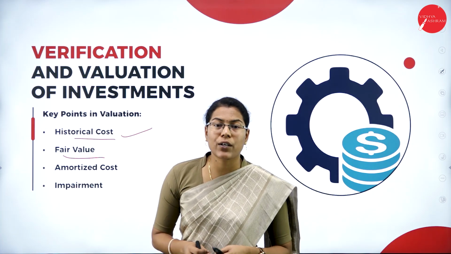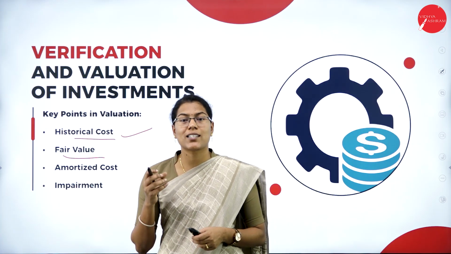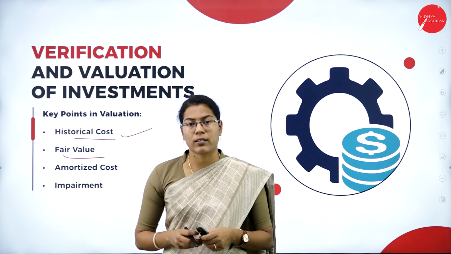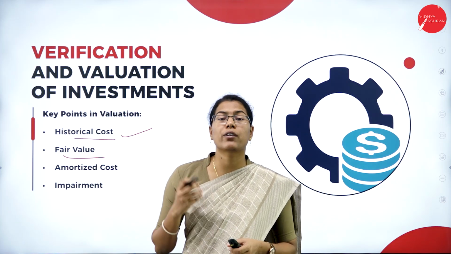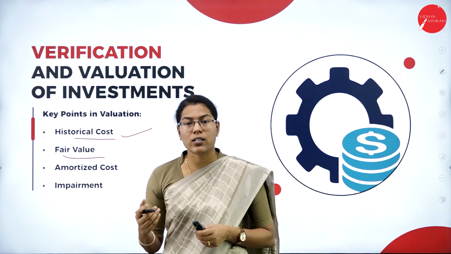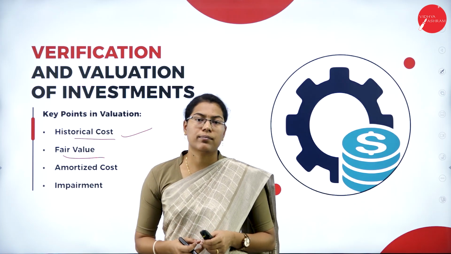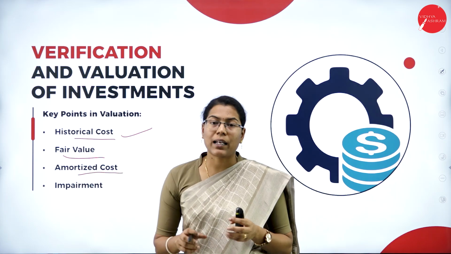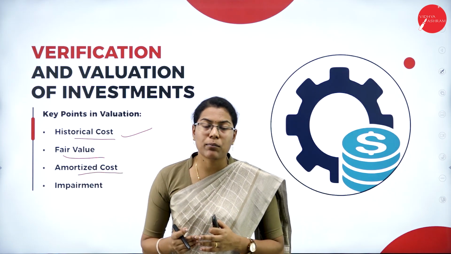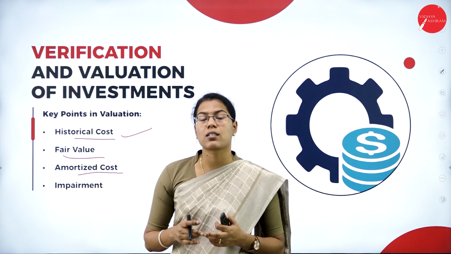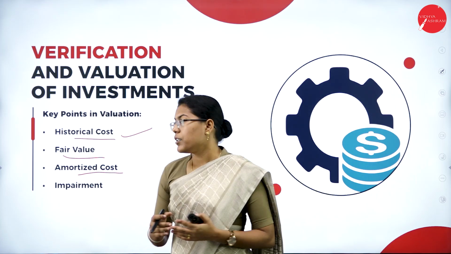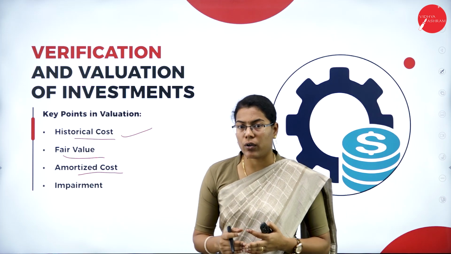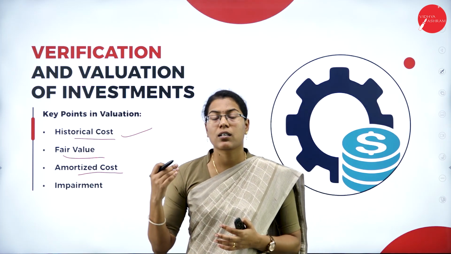For marketable securities, the fair value is determined by the market price at the time of reporting. If the investments are held for trading, their value is recorded at fair value. Then the auditor has to check for the amortized cost, especially for debt instruments, marketable securities and bonds, whether the amortized cost has been deducted properly or not, whether it is calculated or not.